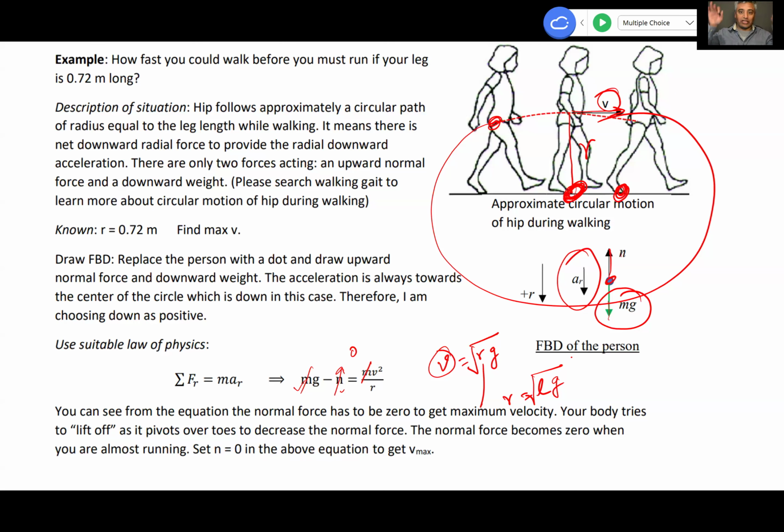So we're going to go from here, earth, to objects moving in space, and they are also moving in a circle. What's the difference? The force that keeps them in a circular path is the gravitational force. That's all the difference. Otherwise, everything else is the same. So we'll talk about that in the next class.